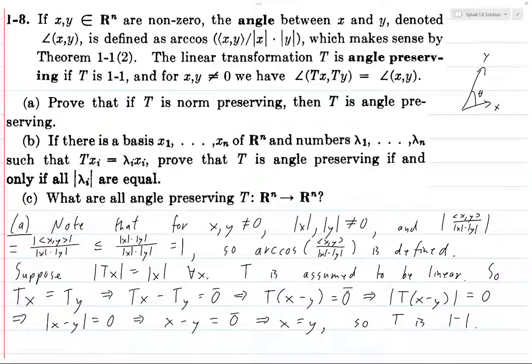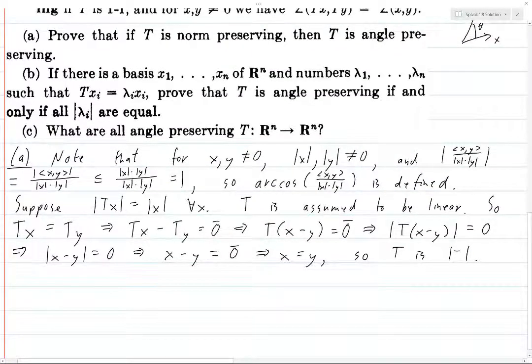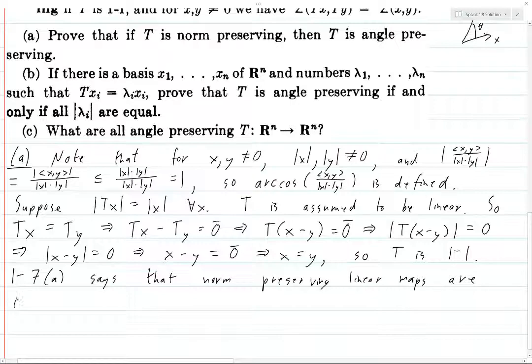Okay, so now what we have is exercise 1.7a says that norm preserving linear maps are inner product preserving.